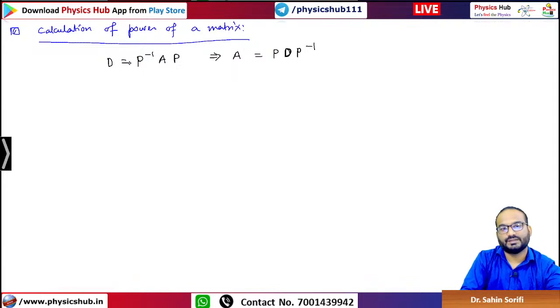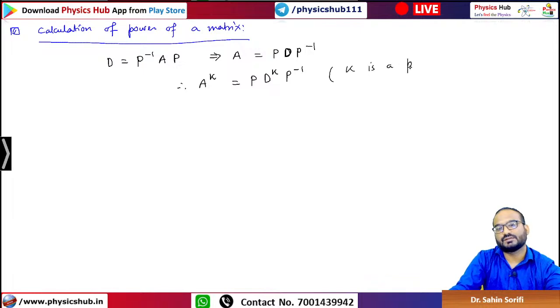If you multiply P on both sides, P inverse P is identity, post-multiplied by P inverse, so P D P inverse equals A. So any power of this given matrix, A to the power k, is P D to the power k P inverse, where k is a positive integer.